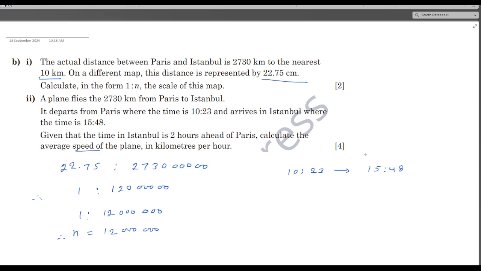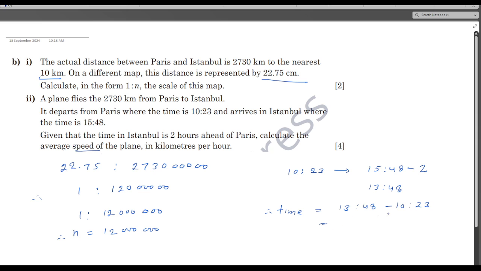Okay, so to get the actual time of travel, we will subtract 2 hours from here. So as I subtract 2 hours, it will become 13:48, and therefore my time of travel will become 13:48 minus 10:23.